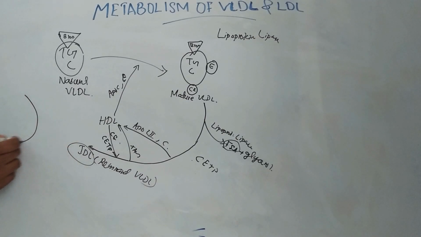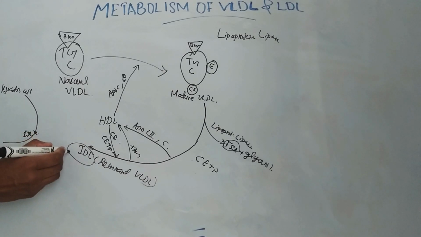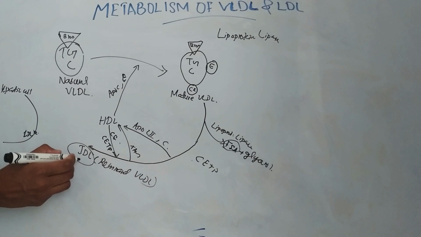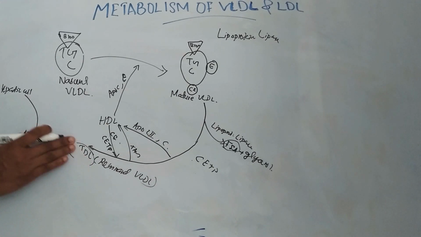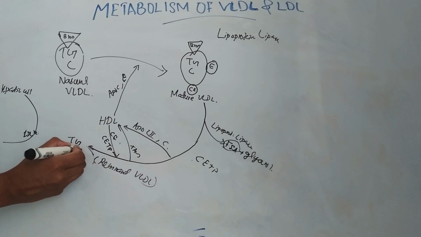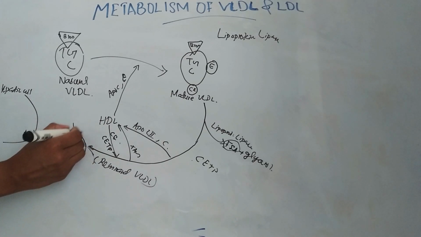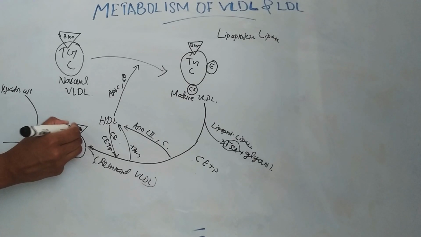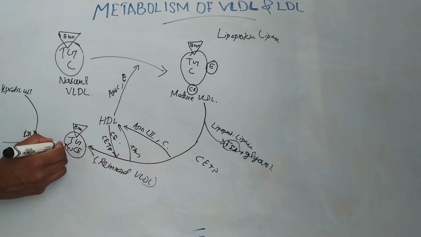Then in the liver there are receptors. The receptors on the hepatic cells are LDL or IDL receptors. These receptors on the hepatic cell recognize the IDL, which contains triglyceride, cholesterol esters, ApoB100 and ApoE.